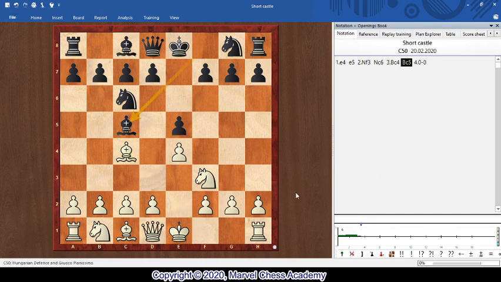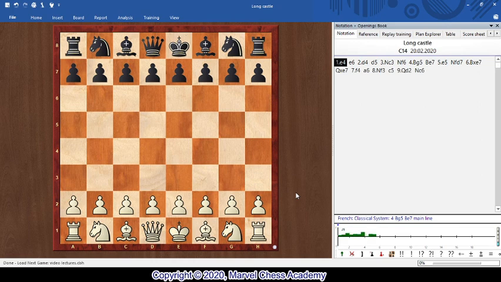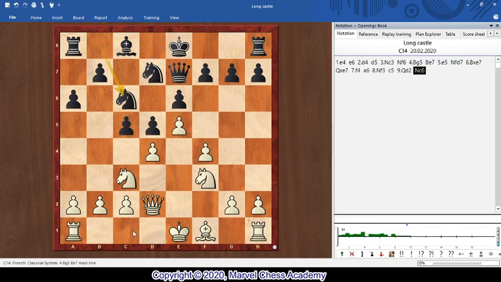However, if you would like to do long castle, in this case, there are 3 pieces that white has to develop: the knight, the bishop and the queen. Once those 3 pieces are moved, the squares between the king and rook are now empty. b1, c1 and d1 are empty.